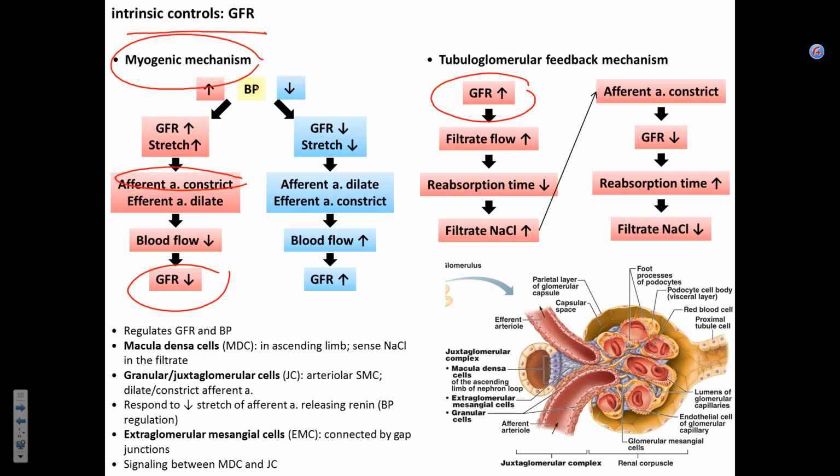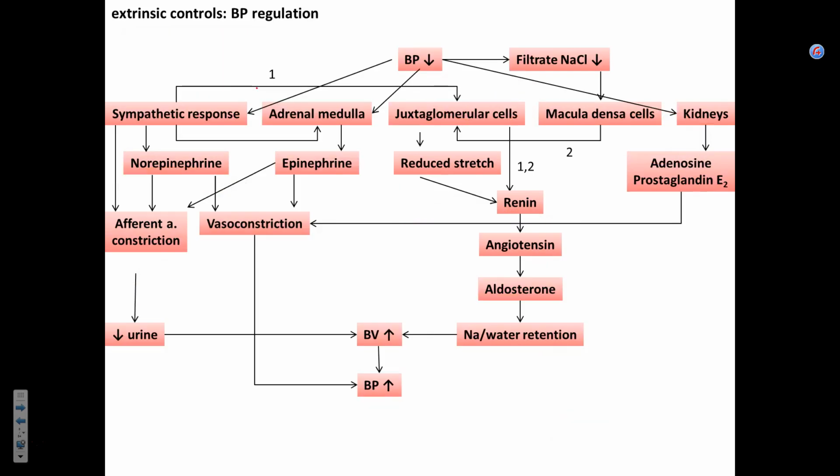That increases the concentration of sodium chloride in the filtrate, which is sensed by macula densa cells. Macula densa cells signal to the granular cells to constrict the afferent arteriole, and GFR decreases. That makes sense. So that's regulation of glomerular filtration rate. Now this, I'm really proud of that flow chart. It shows all the intricacies of the regulation of the GFR.